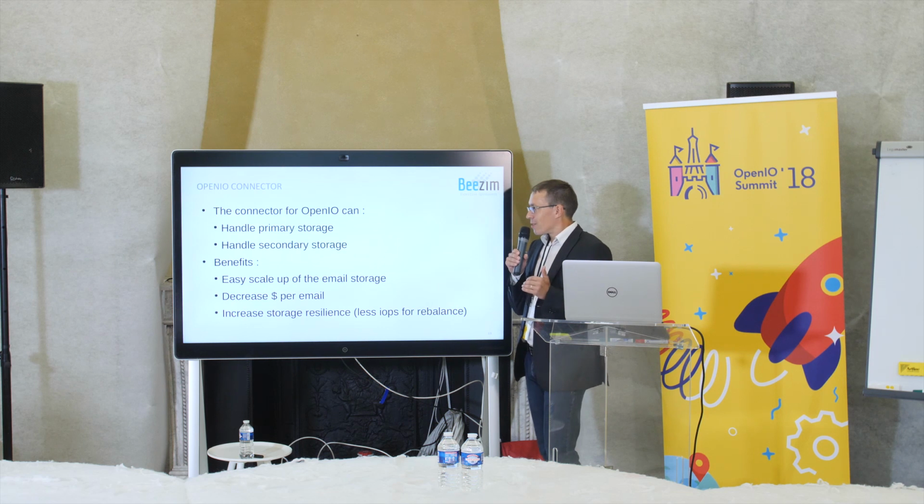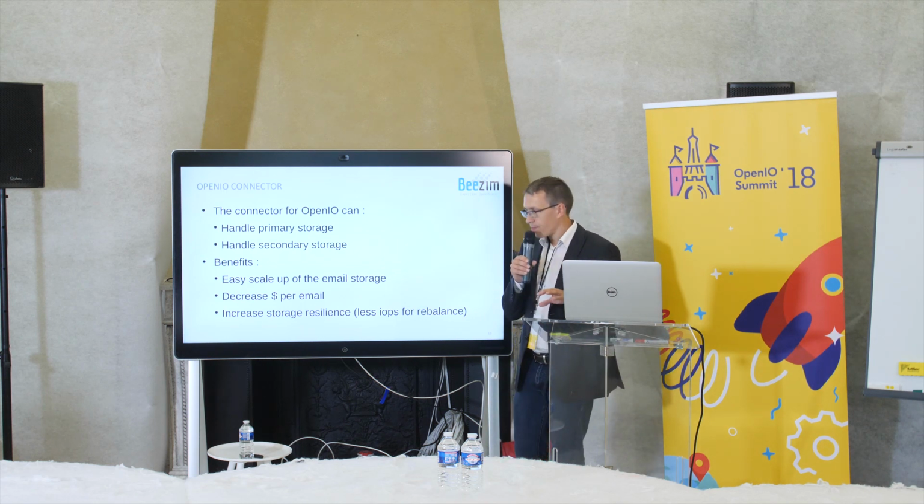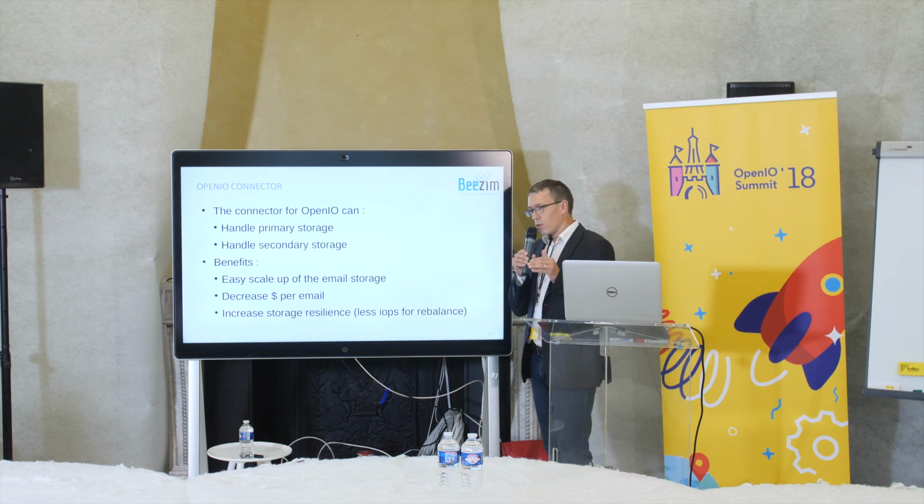So you will not have to wait one or two weeks for the rebalance to finish before using the storage correctly, and you will have nearly no impact on performance on the user side. So this is not a problem anymore.